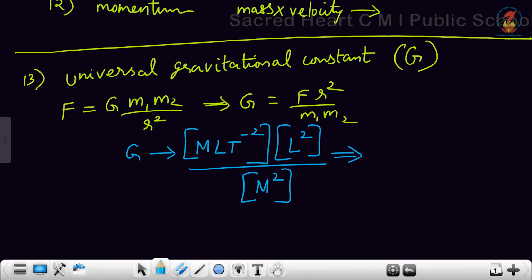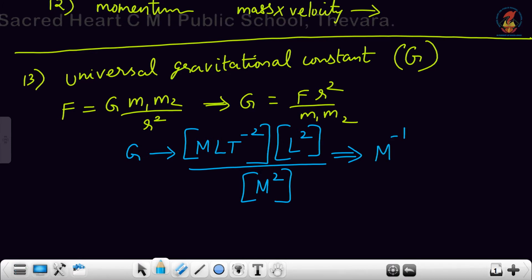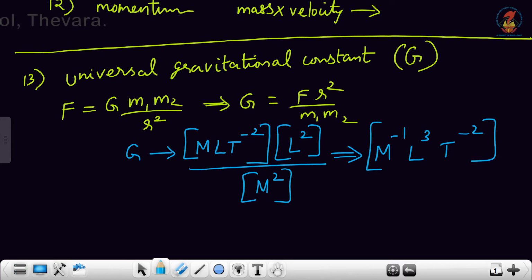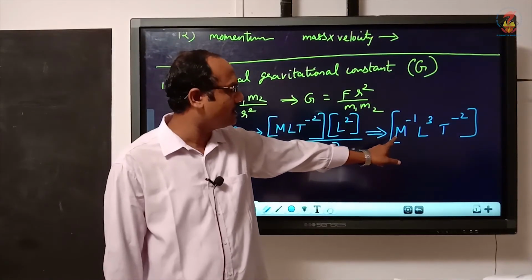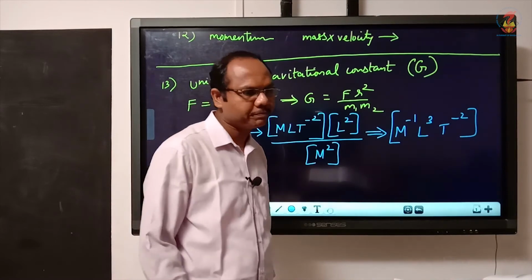Now club all those things: taking M square to the top, it will be M raised to minus 2, and here there is M, so the final thing is M raised to minus 1. L into L square is L cube, and T raised to minus 2. So the answer for the universal gravitational constant is M raised to minus 1, L cube, T raised to minus 2.